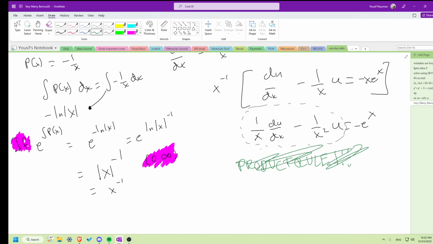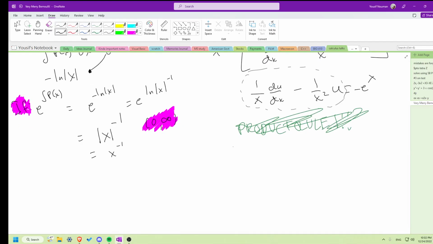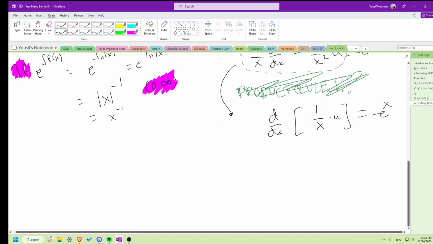And what we can do is infer a pattern that's going on. This is equivalent to d/dx of 1 over x times u, which is equal to negative e to the x. You guys don't believe me? We'll do it on the side.